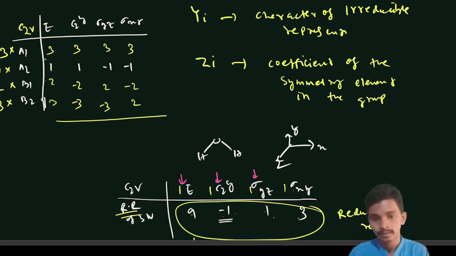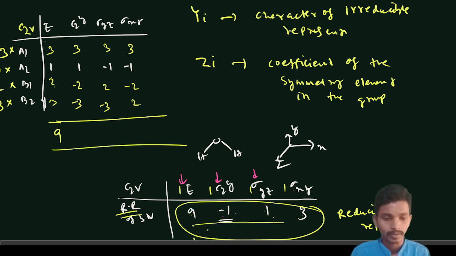Now add it: 3 1 3 3 6 3 9, so 3 3 6 7 8 9. Okay, so if I add it, I should get this value.